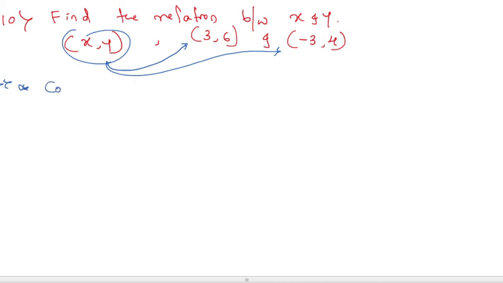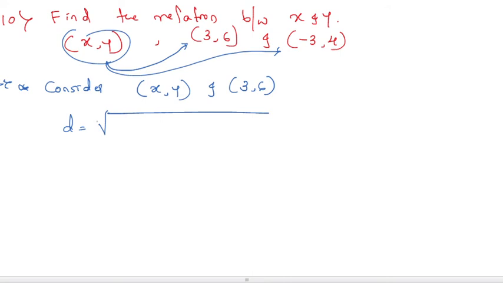Consider (x, y) and (3, 6). We will write the distance between the points. Distance between the points is equal to the square root of (x2 minus x1) squared plus (y2 minus y1) squared. You can write 3 minus x or x minus 3, both are the same.